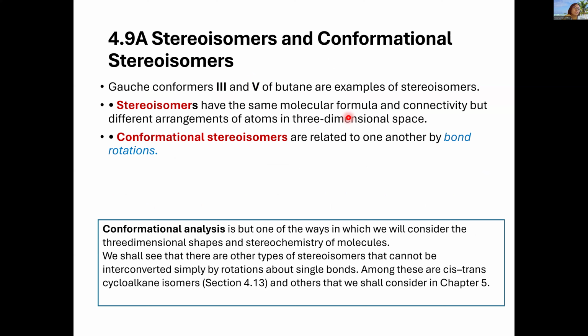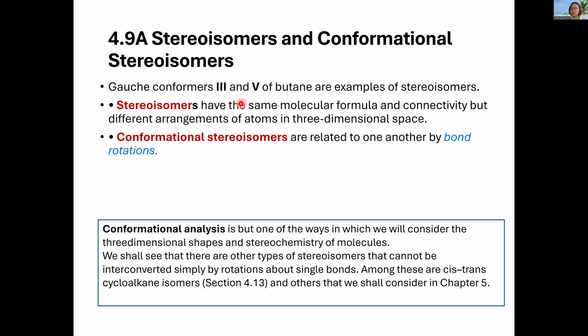What are stereoisomers? Stereoisomers have the same molecular formula, the same connectivity, but different arrangement in space. Okay? So, in particular, you have the conformational isomers 3 and 5.